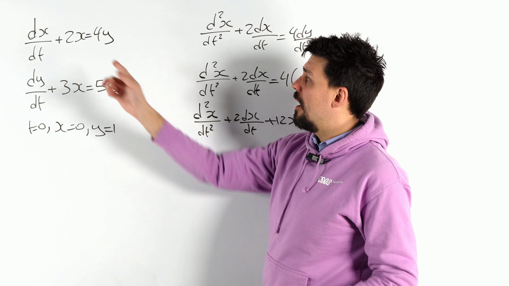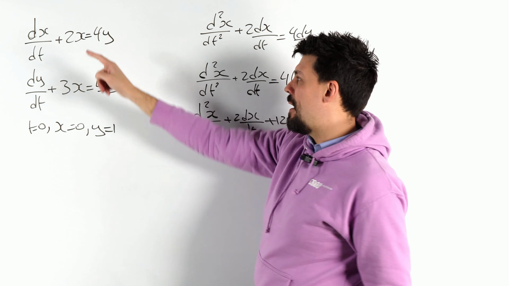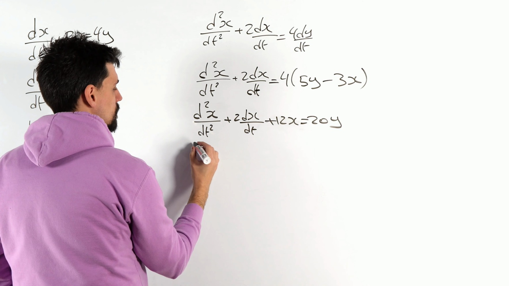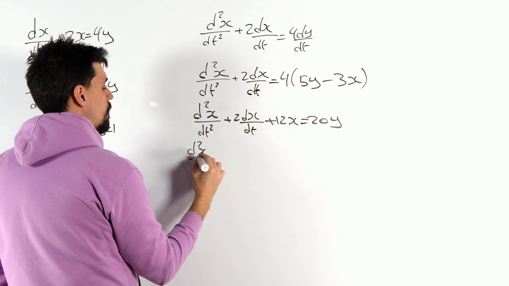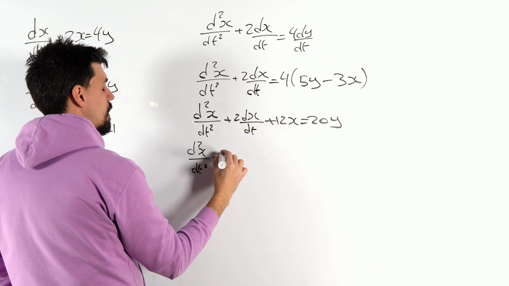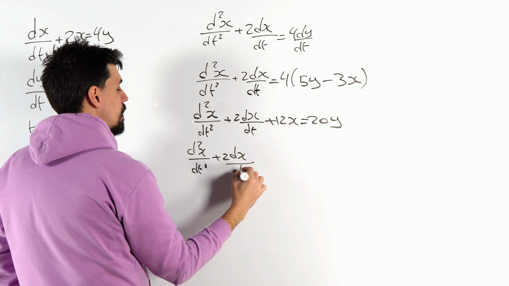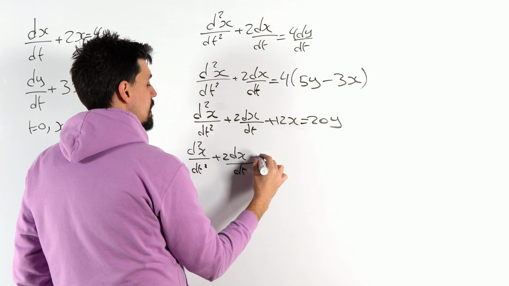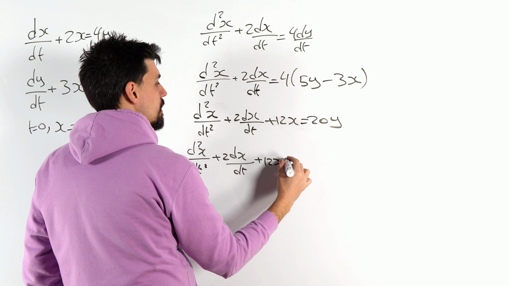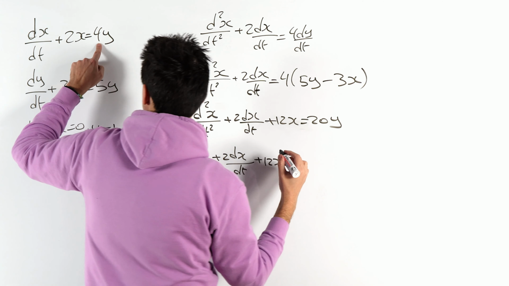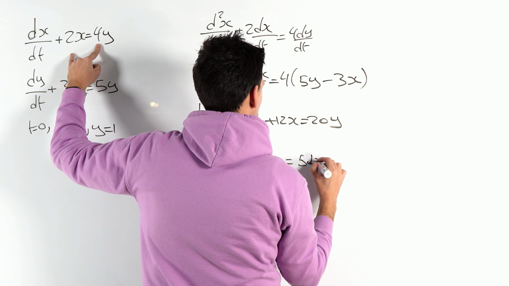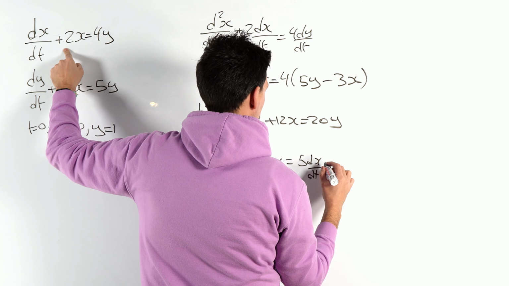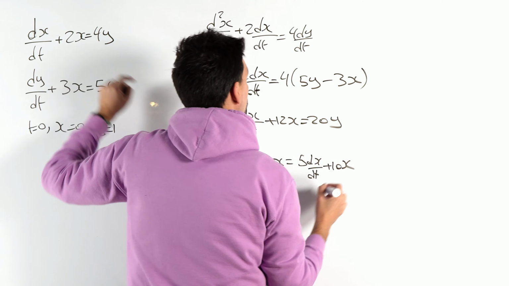But don't fear, I can substitute that one back in. d2x/dt squared plus 2 dx/dt plus 12x is equal to, let's just times that one by 5, dx/dt plus 10x.